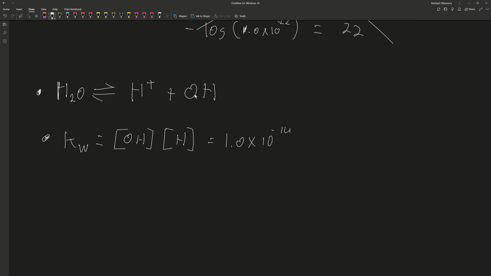What else do we know? We know that OH has two sources.